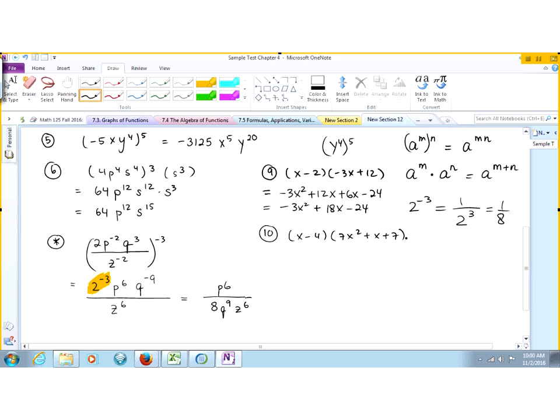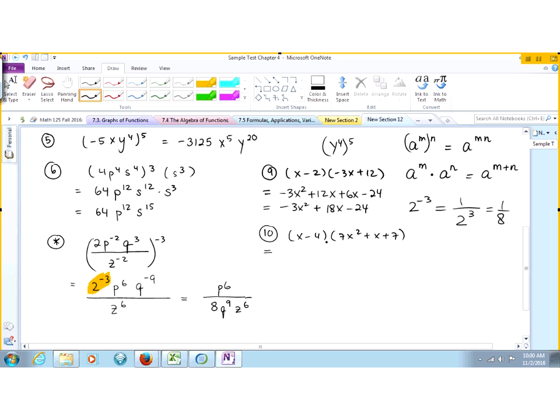Okay, good. What do you think we should do? Can we do FOIL? That's a good question. Can we? No, why not? This is not a binomial. We can only use FOIL to multiply two binomials.